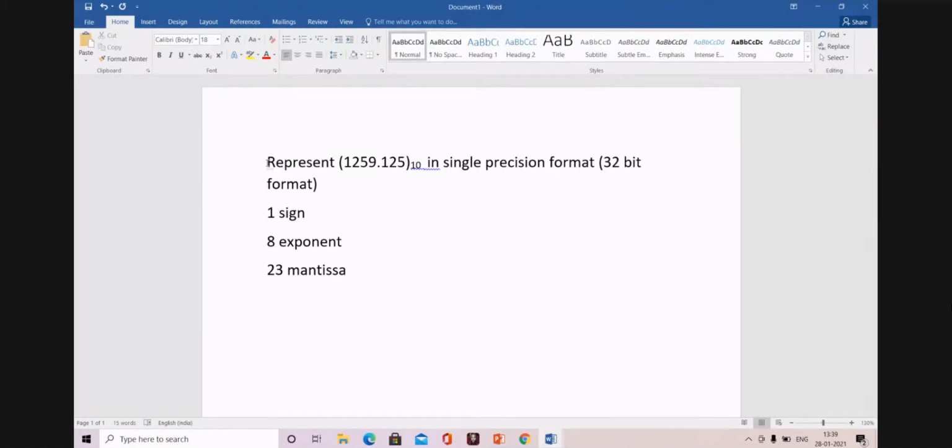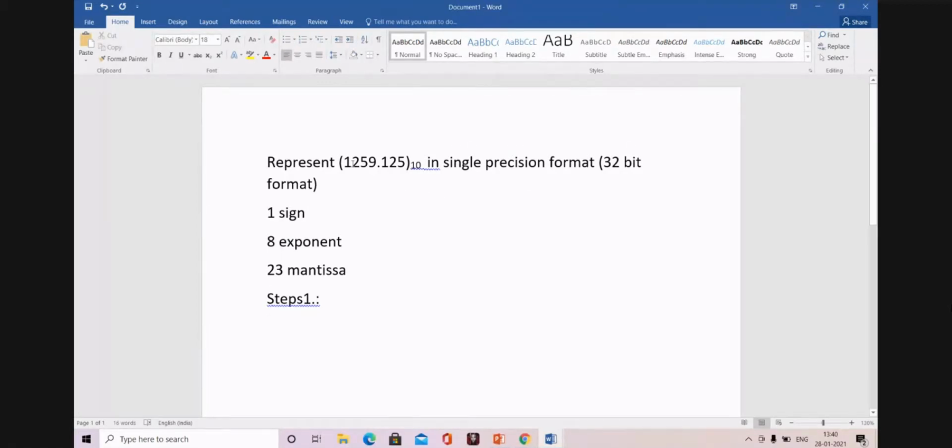Now, the very first thing you have to do is there are certain steps to solve these problems. Step number 1: first, you have to convert your decimal number into binary format. As I asked you in the very beginning of the class about the conversion of the number system, everybody said that you already know how to convert.